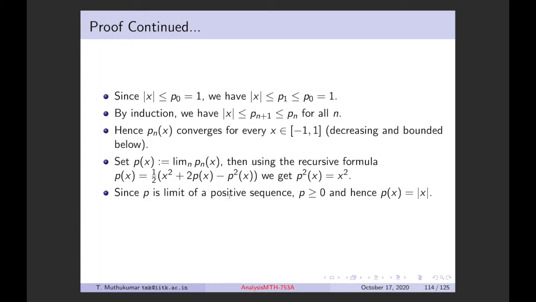So the limit is greater than or equal to 0. And P square is equal to x square, which means P(x) has to be mod x. P(x) cannot take the negative value, so P(x) has to be mod x.